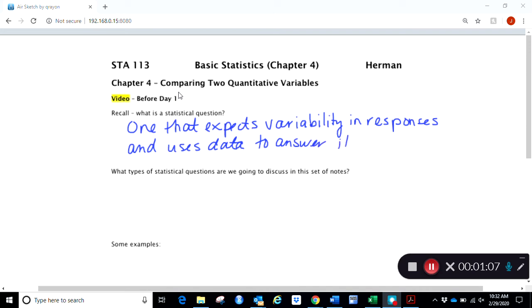Now, hopefully the title of the notes helps you realize what kinds of statistical questions we're going to discuss in this set of notes. So now, instead of just looking at one variable, we're going to actually be looking at two quantitative variables. So here, more specifically, we're going to investigate how one quantitative variable is influenced by another quantitative variable.